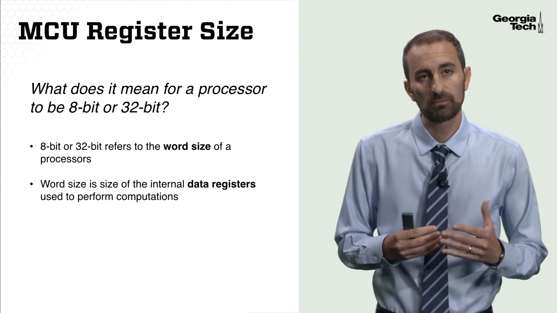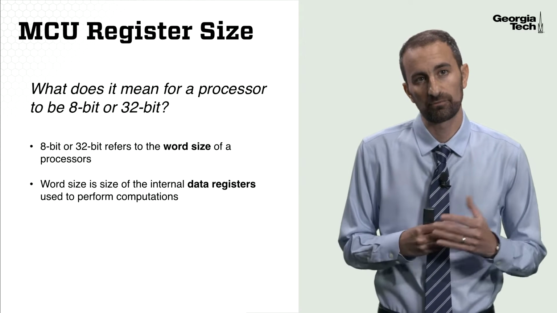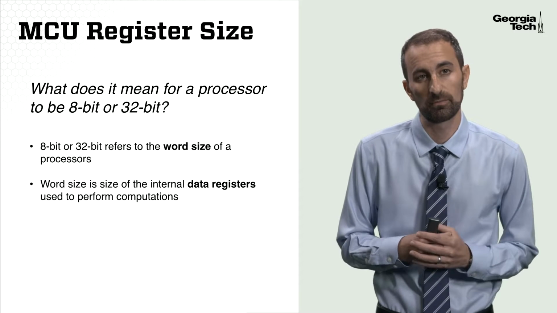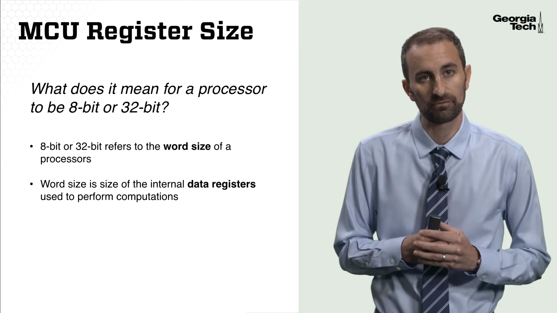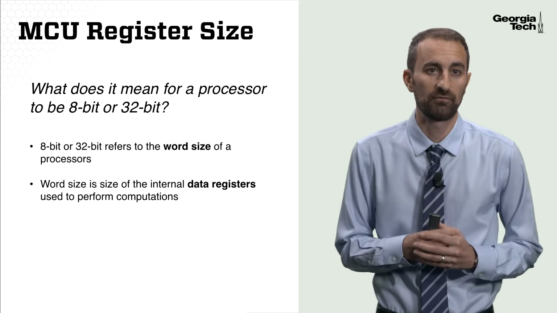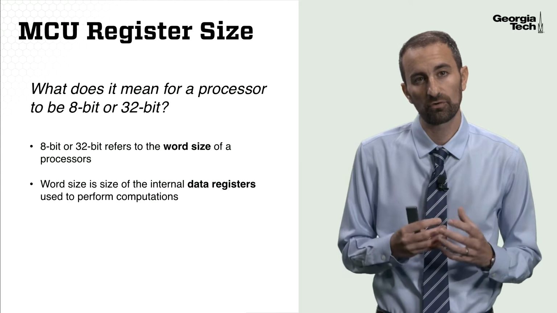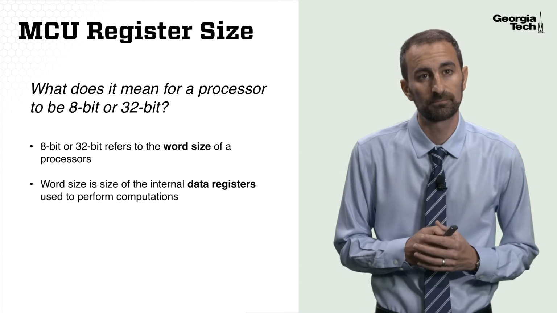First, let's talk about the word size of a microcontroller. When we talk about processors, sometimes we hear the word 8-bit processor, or 32-bit processor, or 64-bit processor. When we say 8-bit or 32-bit processor, that refers to the word size of a processor. The word size is the size of the internal data registers that the processor uses to perform computations.